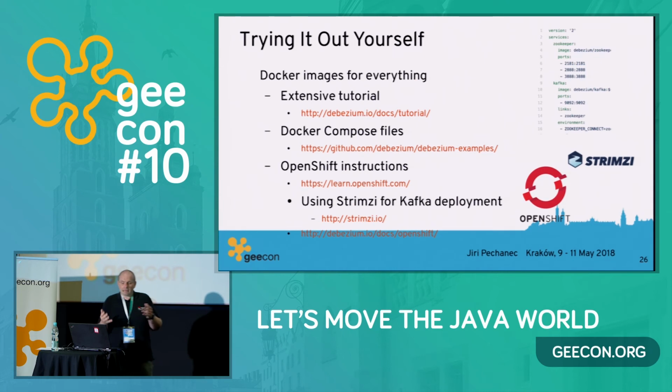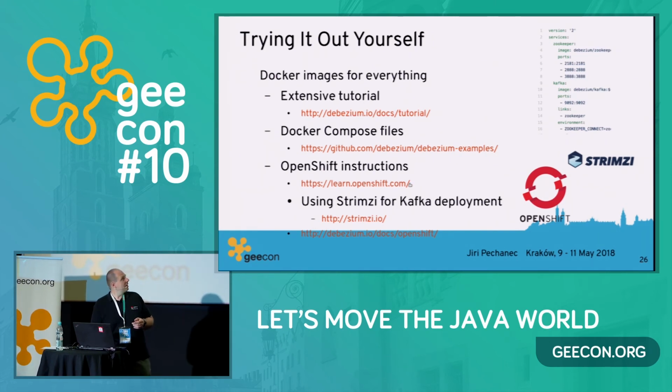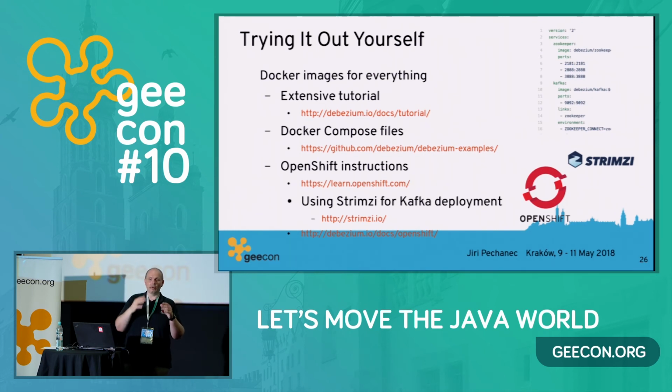If you are not familiar with OpenShift, or you don't know how to start it locally, you can go to learn.openshift.com, which contains a tutorial that interactively starts an OpenShift environment on the remote site, and you deploy the Debezium components and try it for yourself.